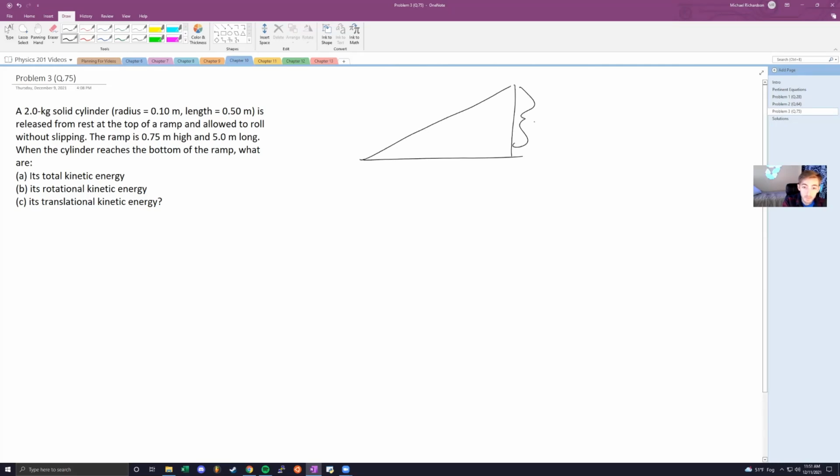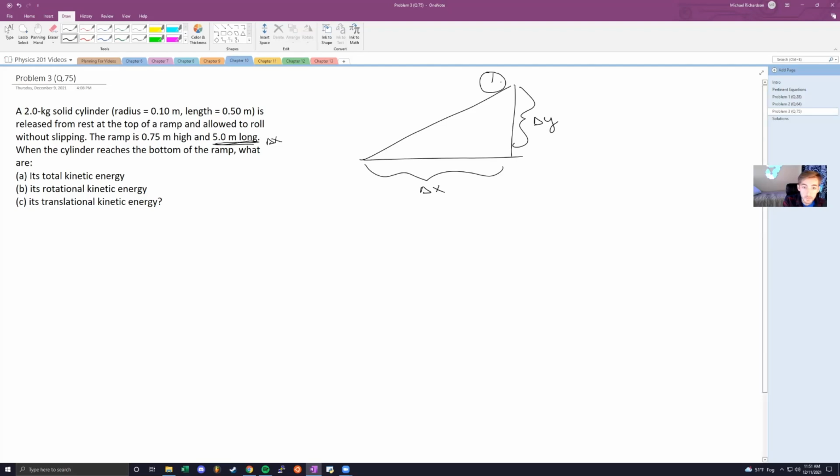So we're going to have some height here, delta y, some total length, delta x, where I want to note this may look a little strange from a wording perspective, but the 5 meters long is going to be our delta x, not our length of our ramp. So all the way at the top, we have our cylinder.